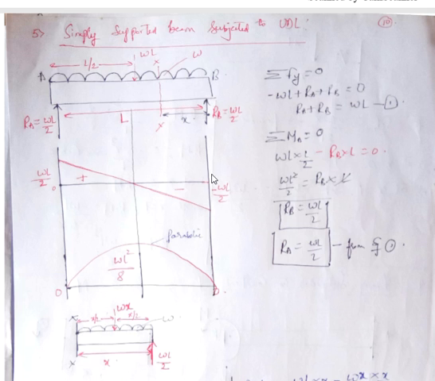I'm going to represent it here. When I represent it here, you can see that the length of the beam is X, and the load acting is a UDL having a load intensity of W. When I convert this load intensity W into a point load, it is done by multiplying the load intensity with the length of the beam, so it will become W into X, and it will be acting exactly at the center, that is X by 2 from this end and X by 2 from this end.